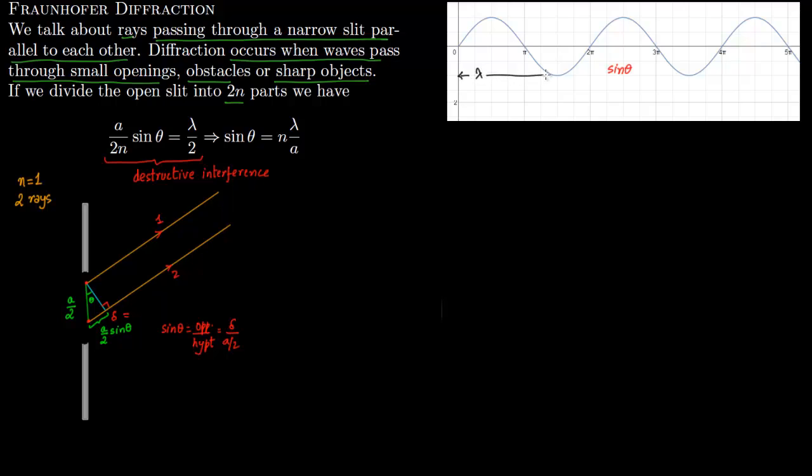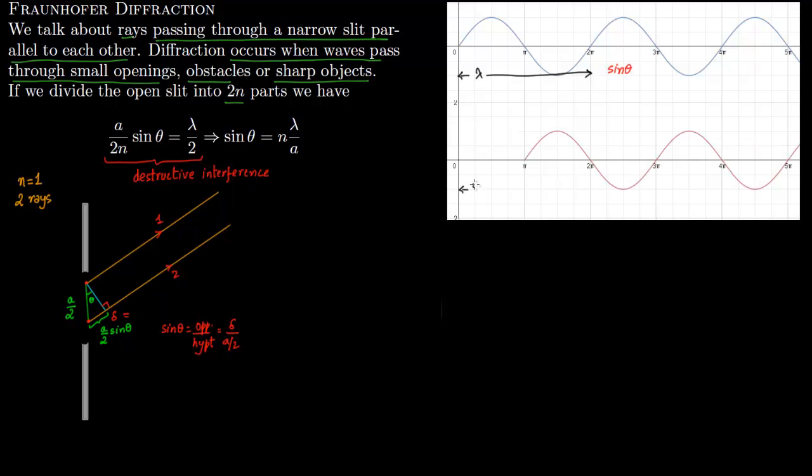Lambda goes from here all the way to here. Now if there is shifting by lambda by 2, that is, the path difference is lambda by 2, so this delta becomes lambda by 2, or delta is equal to a by 2n sine theta for 2n rays.